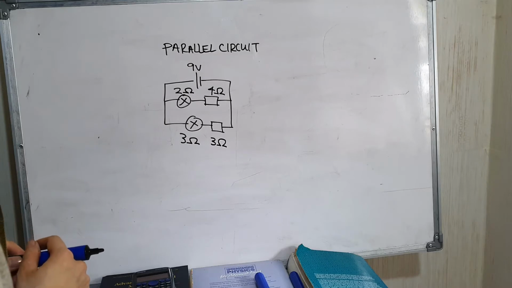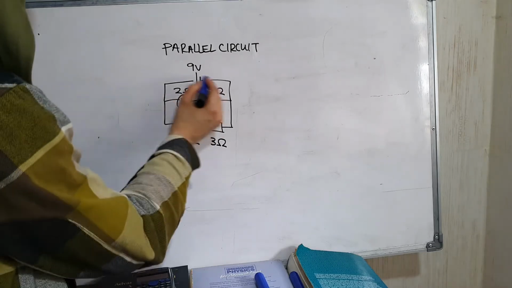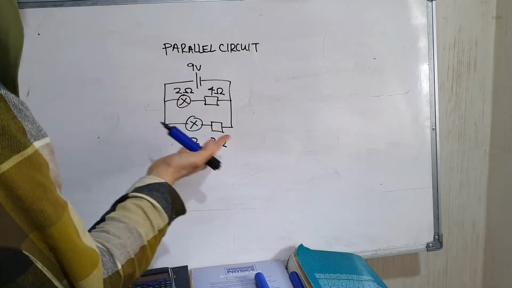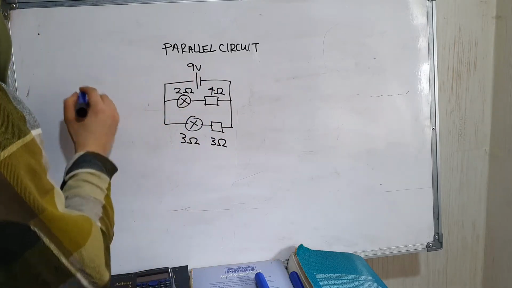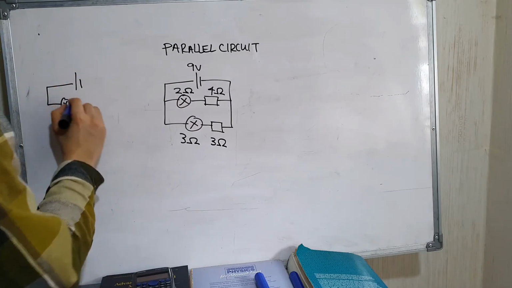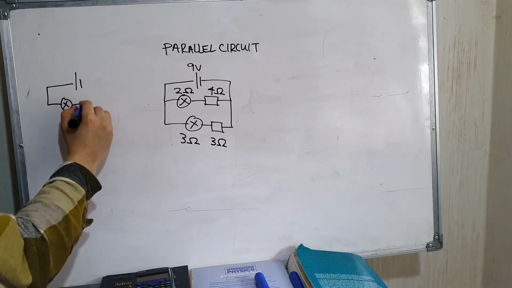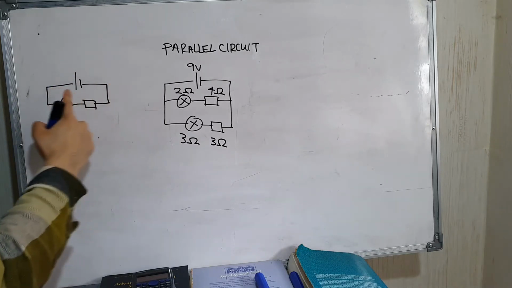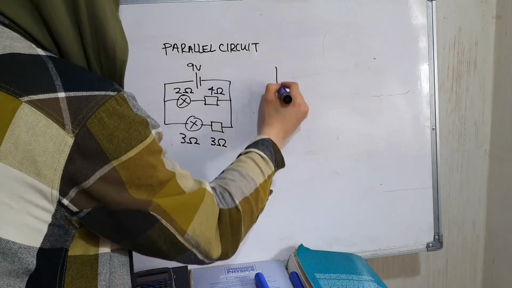Now, could you work out individually? So would you be able to work this out? So for example, here you've got 2 loops. You've got 2 circuits, haven't you? Because the first circuit is this one here at the top. That's one loop. And the other loop is this one over here.